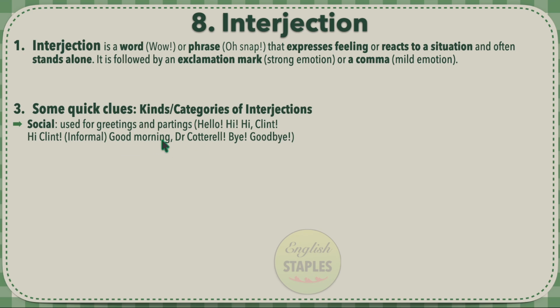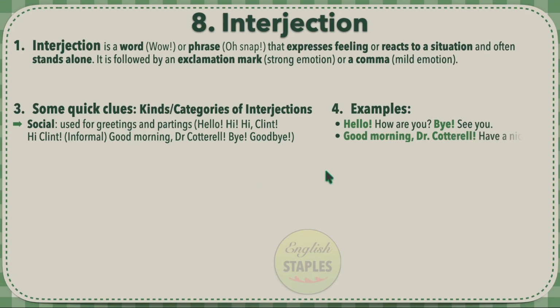So you have the good morning, which is the greeting, comma, then the person's name, and then an exclamation mark. Bye, exclamation mark, or goodbye. Example: hello, how are you? Bye, see you. Words in green. Those are the interjections. Good morning, Dr. Cottrell. Have a nice day.